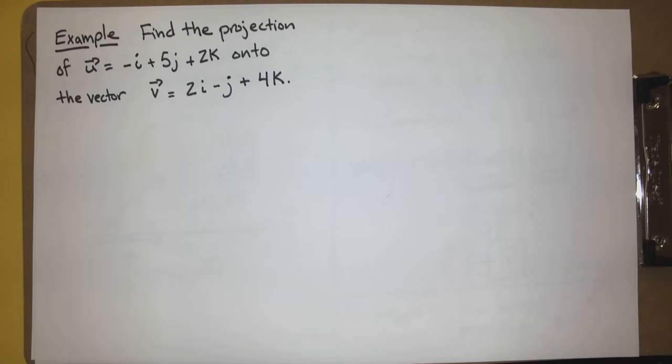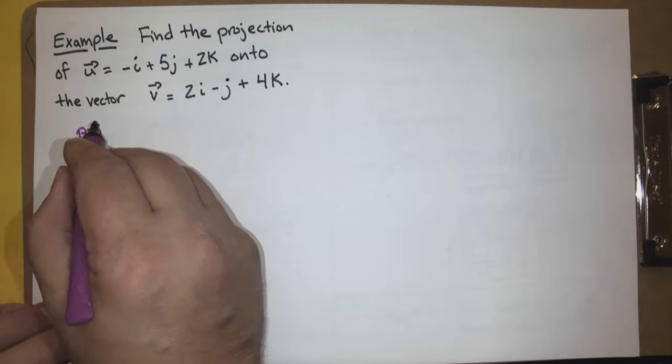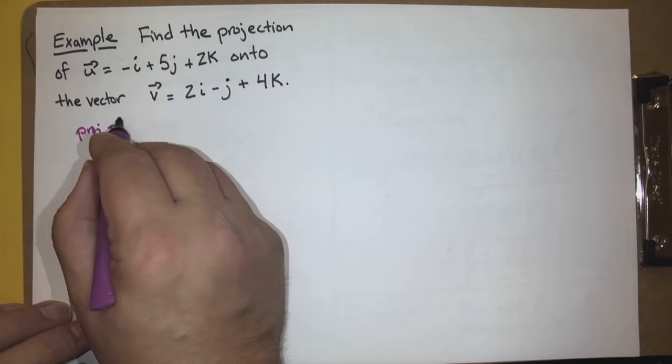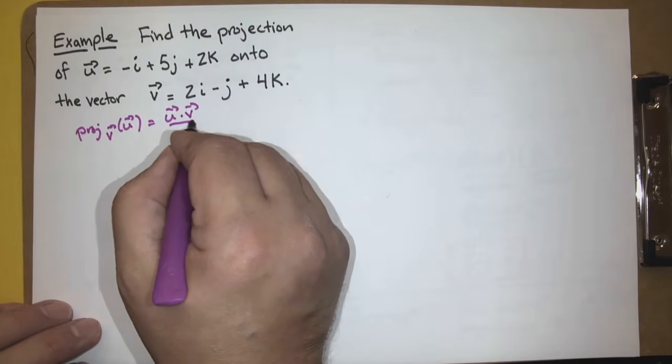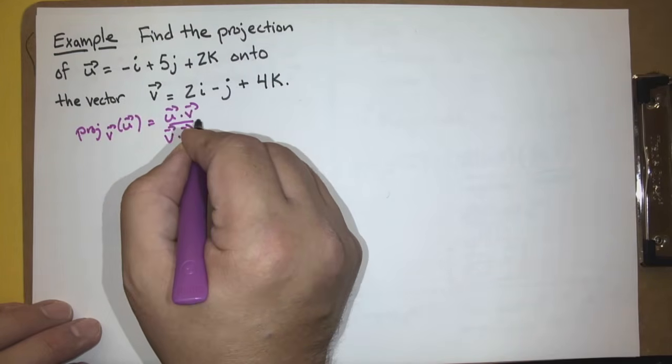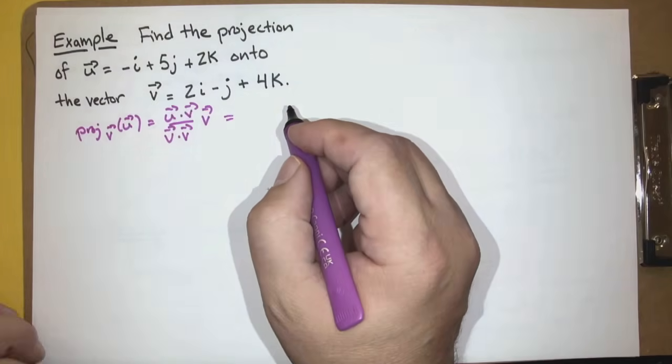Find the projection of u onto v. And we say, hey, pull out the formula sheet. I'm not going to reinvent the wheel. I'm just going to look up the formula. And that's u dot v over v dot v times v. So let's take u dot v.